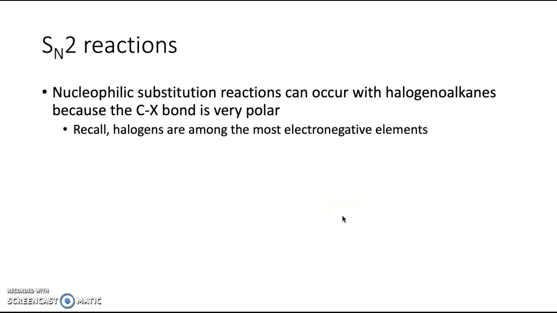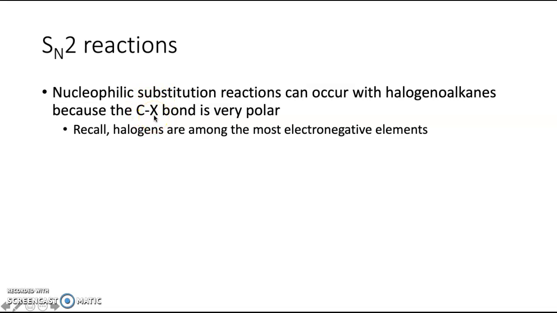So nucleophilic substitution reactions can occur with halogenyl alkanes because the carbon-halogen bond is very polar. The reason is that the halogen is very electronegative. No matter which halogen you have, they're all quite electronegative.